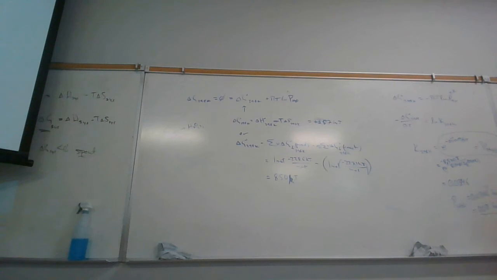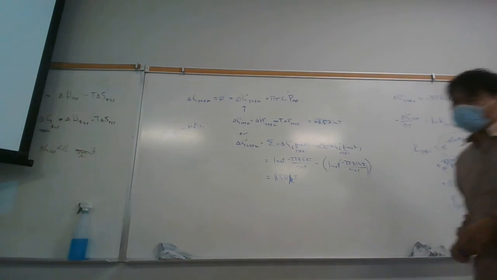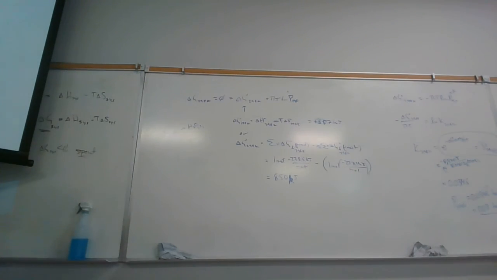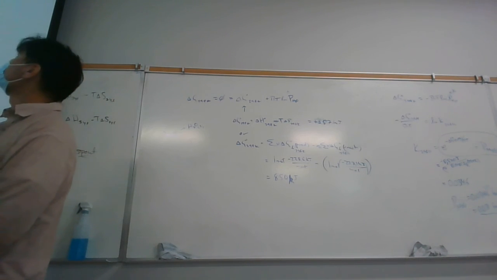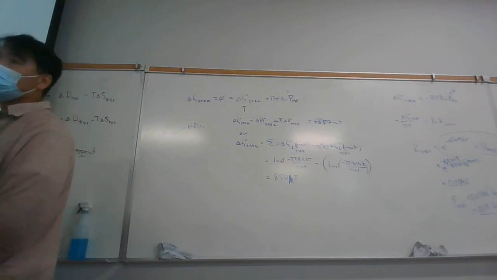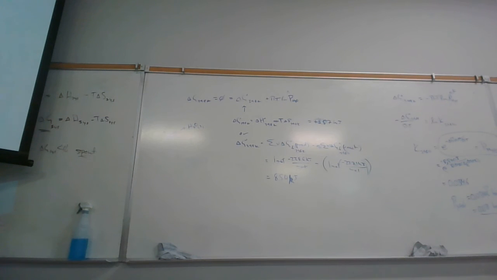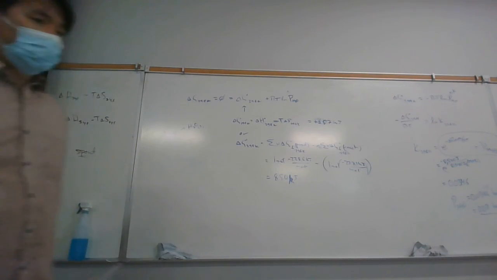So how do we know that this is in bar? Because this table tells you at the beginning: thermodynamic properties of substances at 298.15 Kelvin. Substances are at about 1 bar. So that's why. I thought that the R constant was in atmosphere?